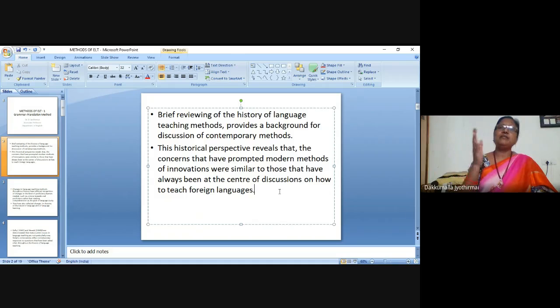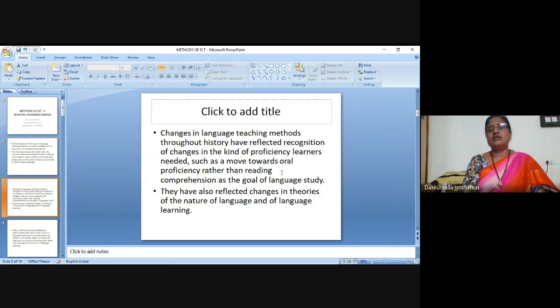That was the aim at that time also. So the aim never changed. It was there and it is here now. So the concerns of language teachers at that time and right now are one and the same. This will be revealed when we go back into the history and see how language was taught.